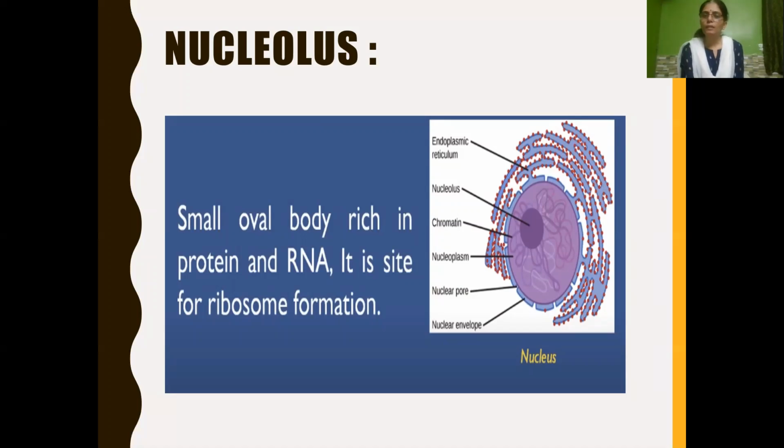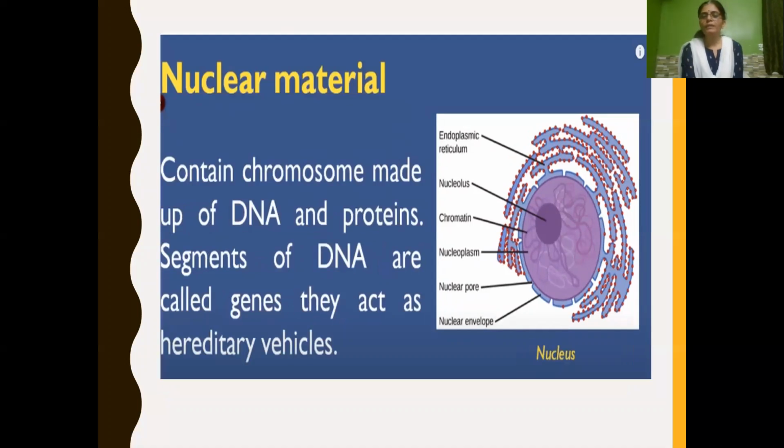All this extra information you will learn in detail in your higher classes. Just keep in mind what the nucleolus is: a small spherical body seen inside the nucleus. And nuclear material is nothing but chromatin reticulum. Reticulum means a network-like structure, which is seen inside the nucleus and is called nuclear material, or you can call it chromatin.